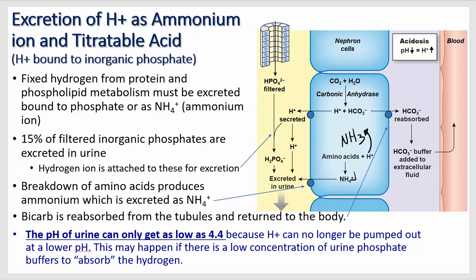Now, I mentioned earlier that the pH of urine can only get as low as 4.4, and that's because the pumping process can't function at a pH lower than 4.4. That may happen if there's a low concentration of urine phosphate buffers to absorb the hydrogen.